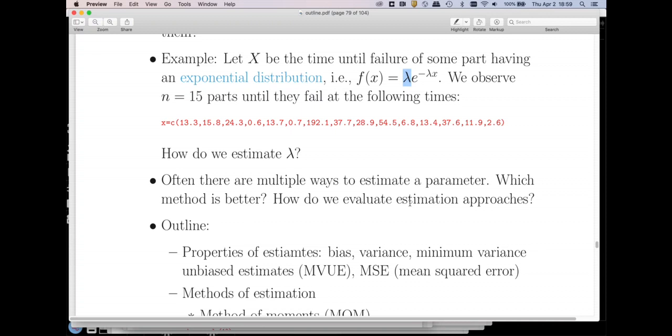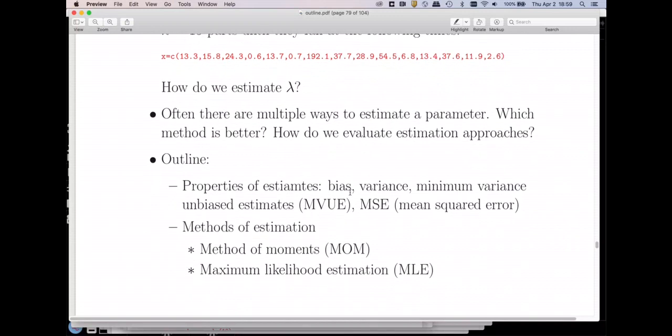So what we're going to do in this chapter is really 2 parts, and these parts are somewhat theoretical, but again, you're going to use this all the time in machine learning and statistics, so it's really important to understand these concepts. So the first question is going to be, what are the properties of estimates?